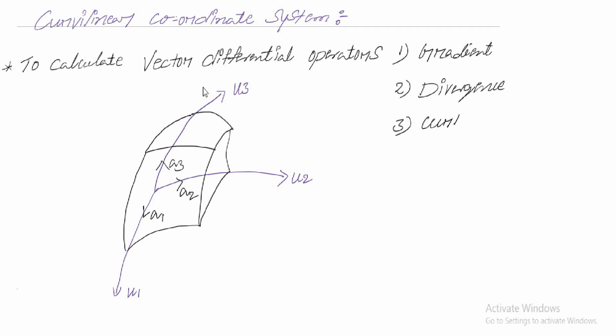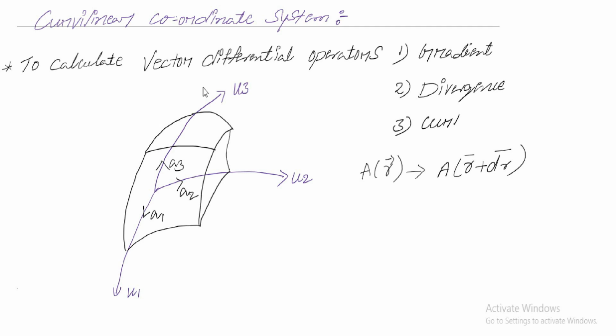For example, in the curvilinear coordinate system, let us consider a point A. The point A is at r bar, the associated vector is r bar, and the displacement from this point to A plus the displacement is represented with dr. So this is your displacement from r to r plus dr.